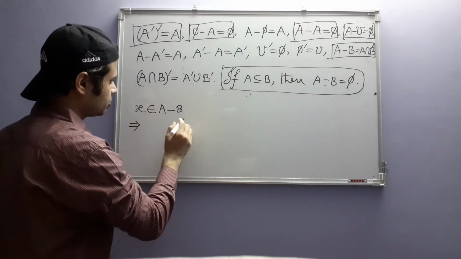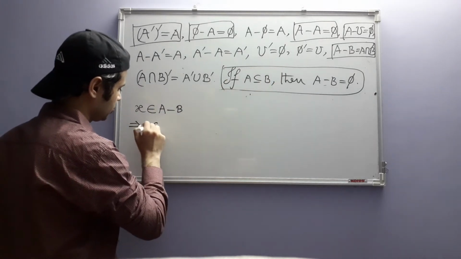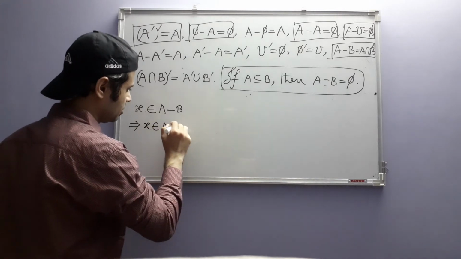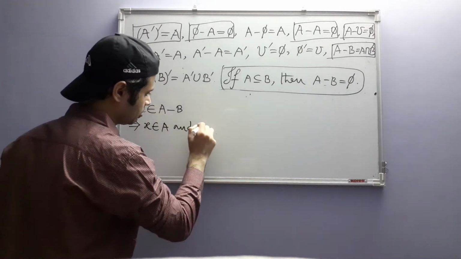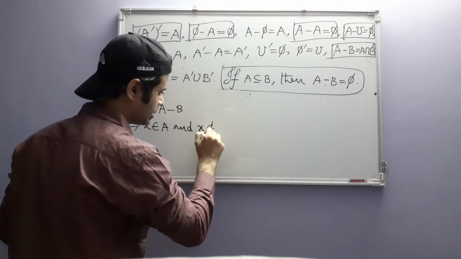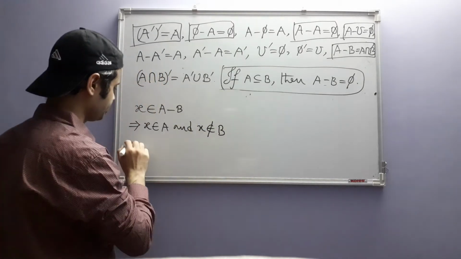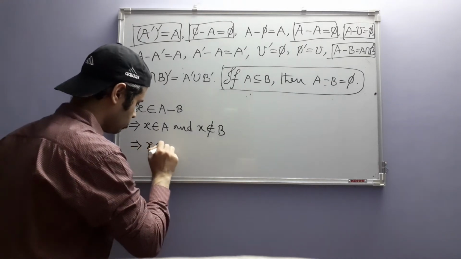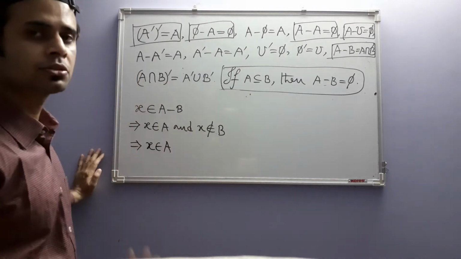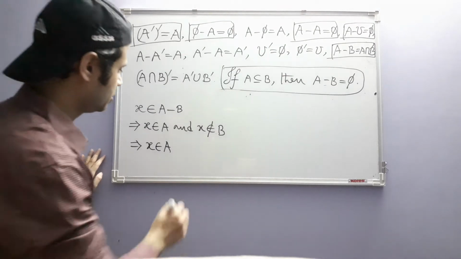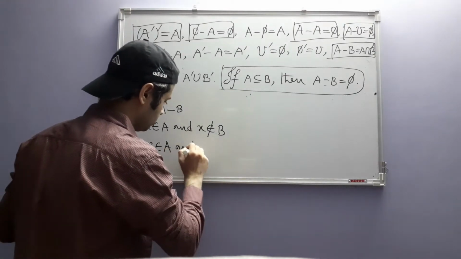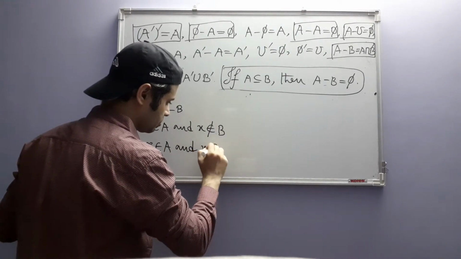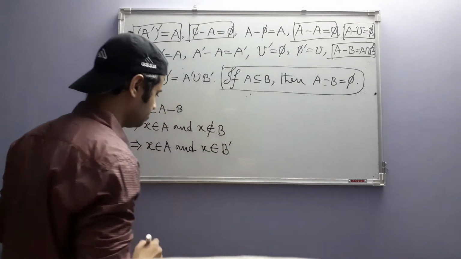So X belongs to A and X does not belong to B. Now, not being in a set means what? Being in its complement. So that means X belongs to B complement.